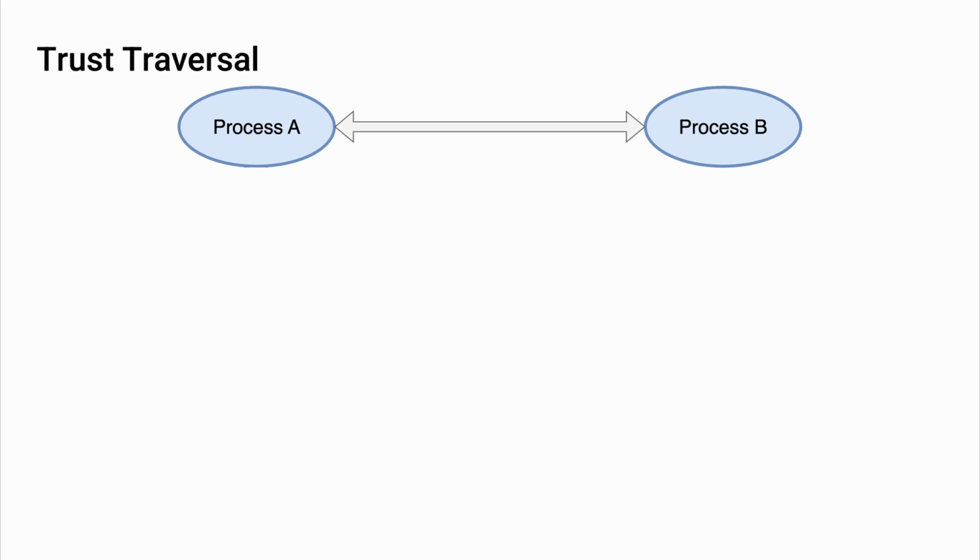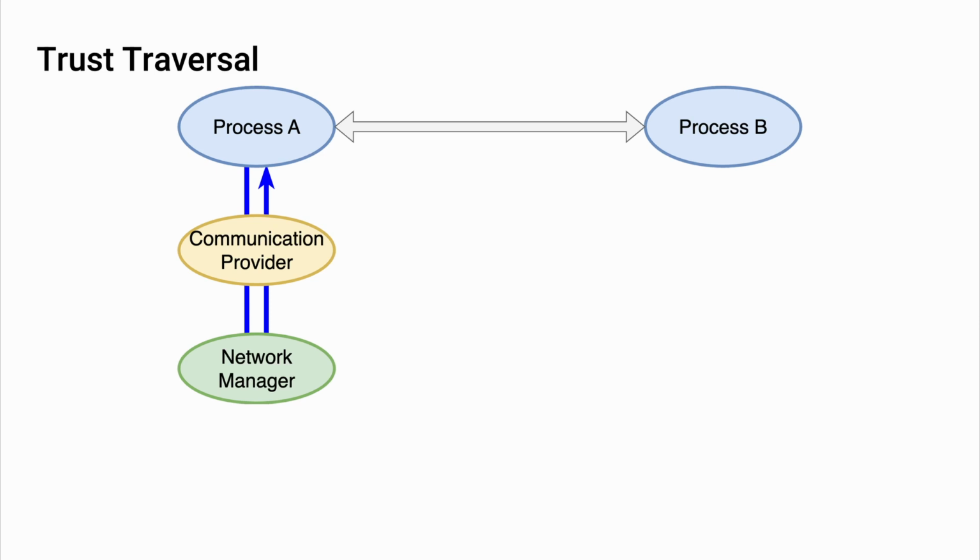If we take the simple case where we have process A that wants to communicate with process B, process A uses a communications provider, and that communications provider is a third-party component. So what does it mean for us? We know that the communications provider is something we need to pay attention to, but we also know that it will be talking to the network manager, and the network manager is a trusted component.